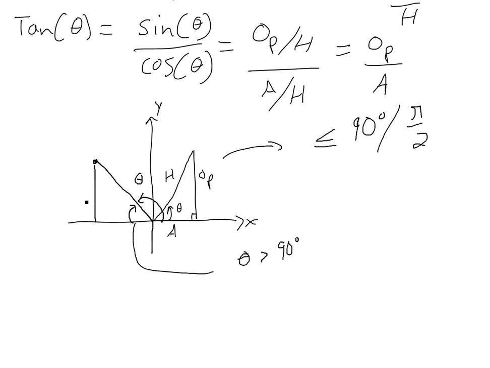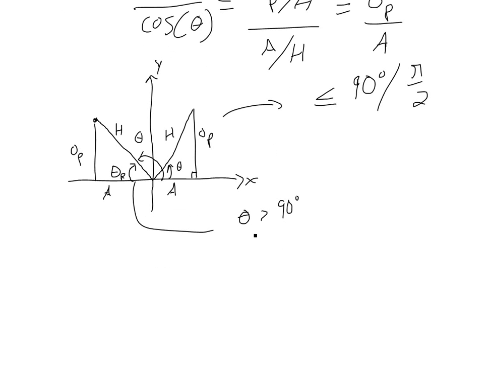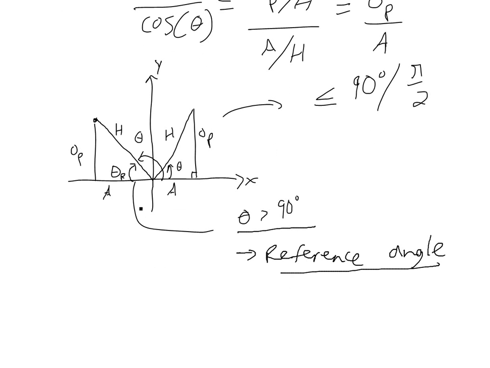Over here, this is OP, this is H, this is A, and we'll call this R. So when it's greater than 90 degrees, we just look at the reference angle, which is the angle to the x-axis that's closest to it.